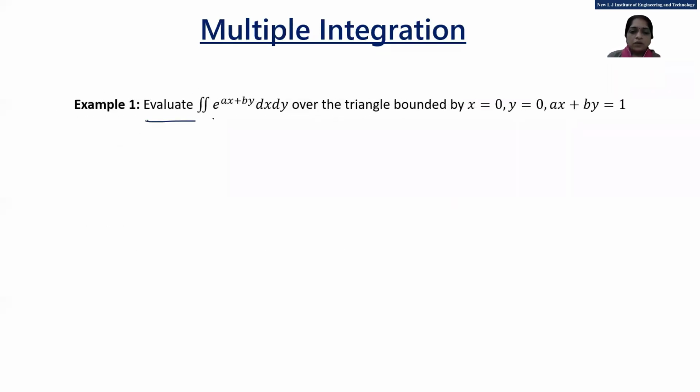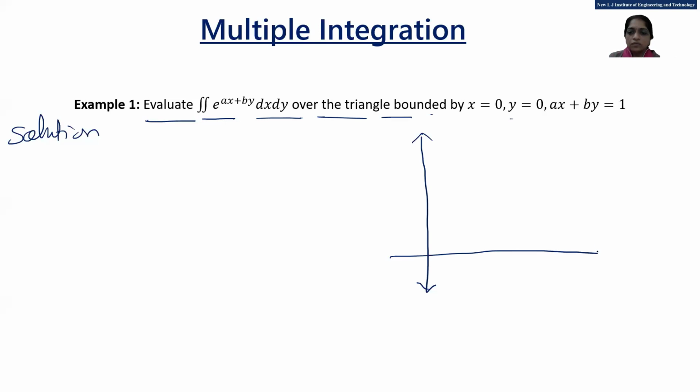Evaluate the double integral dx dy over the triangle bounded by x equal to 0, y equal to 0, and ax plus by equal to 1. Okay, our first point, solution. First point, the region. For the region, we want the graph.